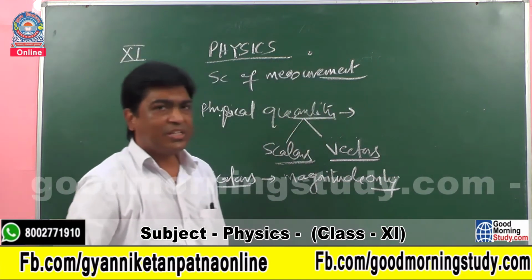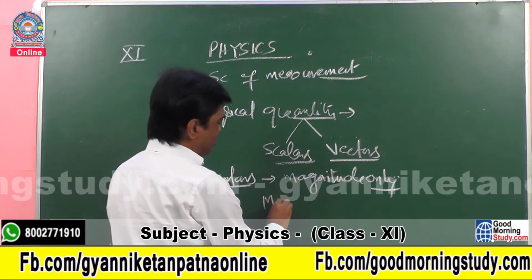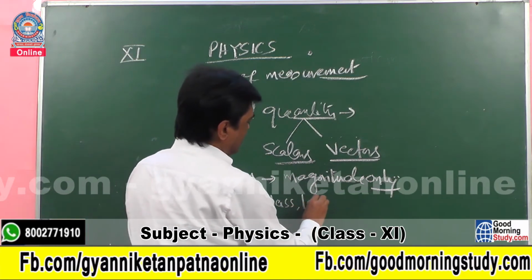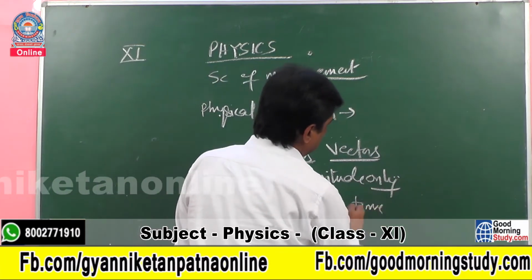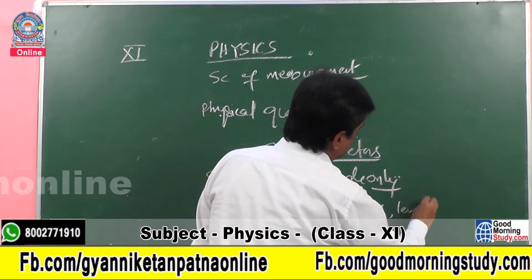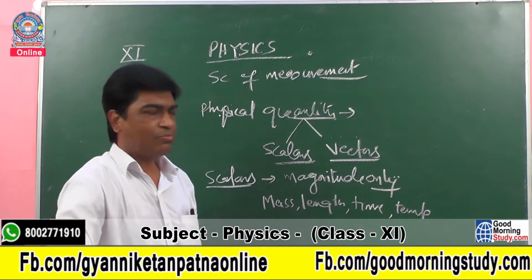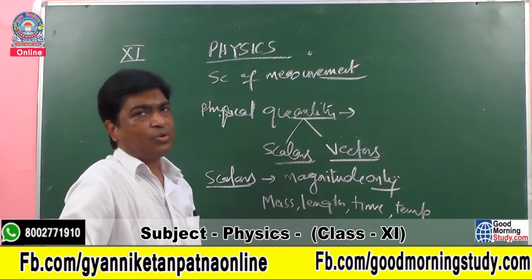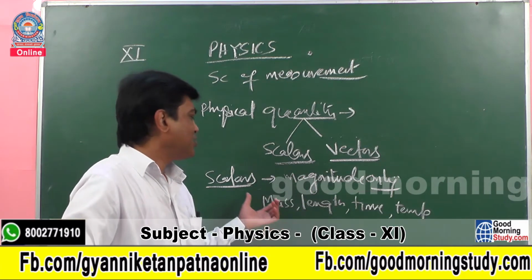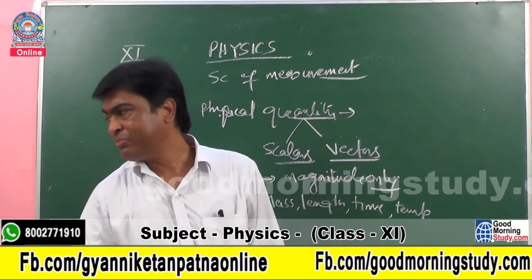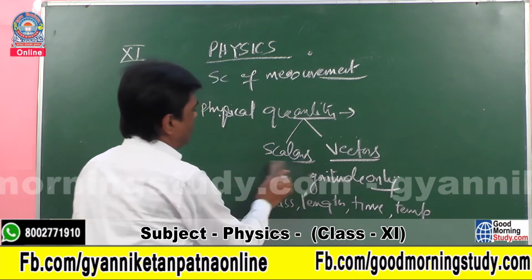A lot of things can be described by magnitude only, like mass, length, time, temperature, volume. All these are scalar physical quantities. Once more, scalars are those physical quantities which are described completely by the magnitude only, and that is called a scalar physical quantity.